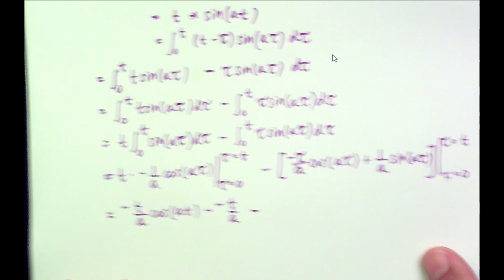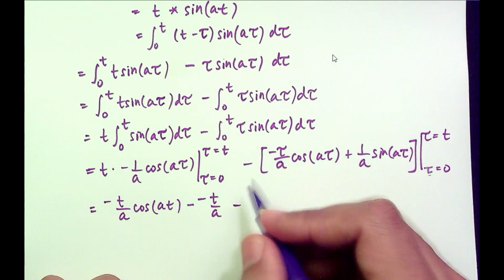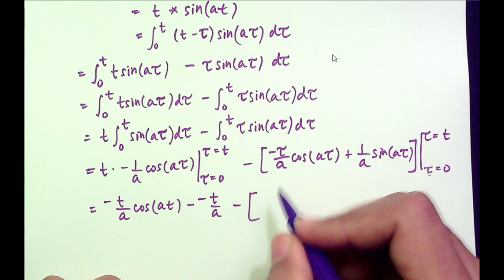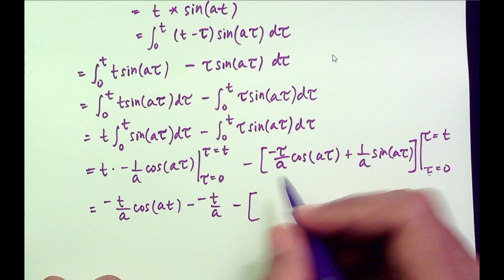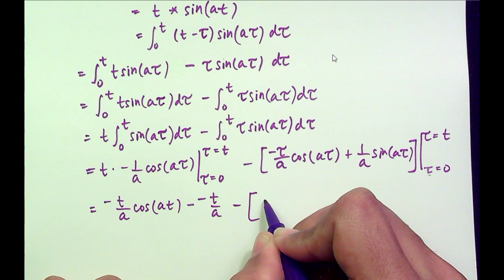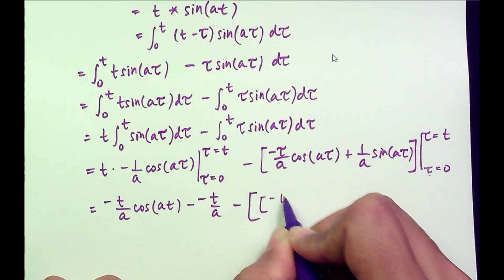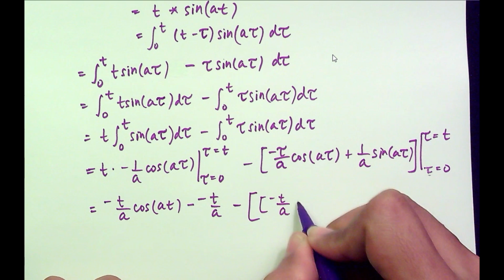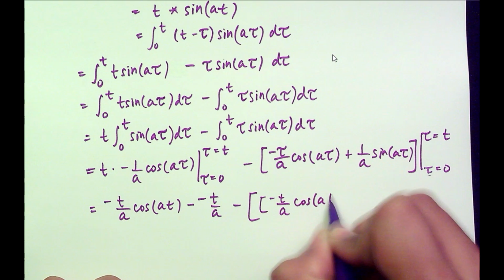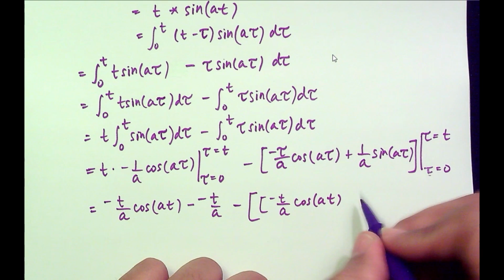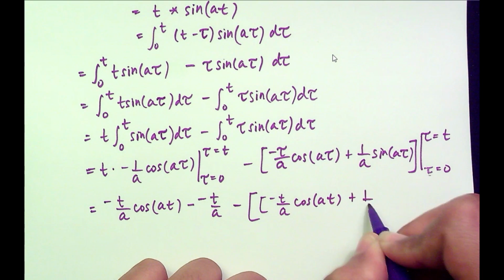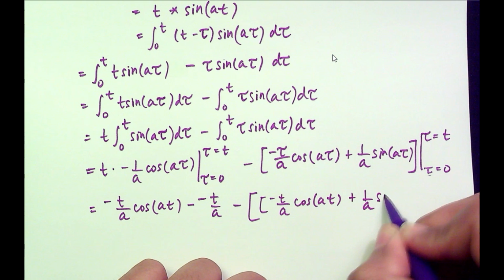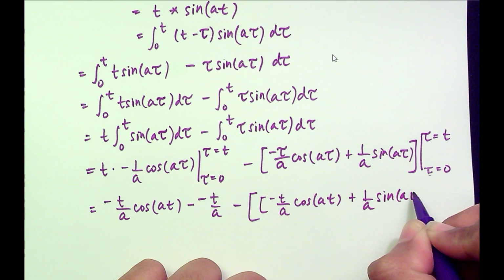Now here, plugging in tau equals t, you're going to get negative t over a cosine of a t plus 1 over a sine of a t.